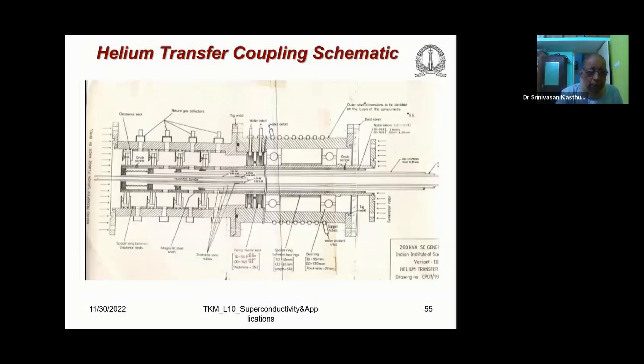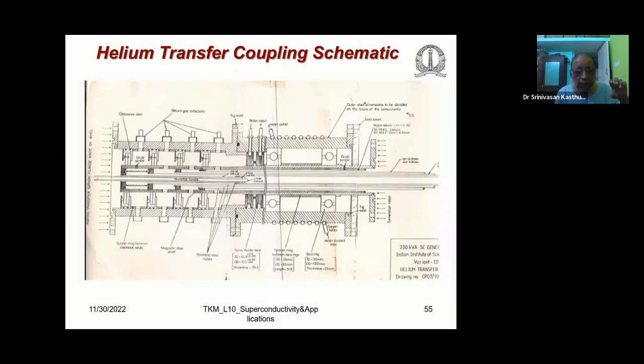The more details are shown here. You have a rotating machinery which requires liquid helium, and the liquid helium, once it goes inside, takes the heat and warms up. Then you get cold vapor of helium gas. That cold vapor has to come out and be collected in the static environment.